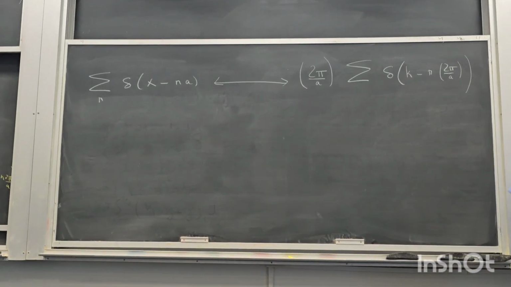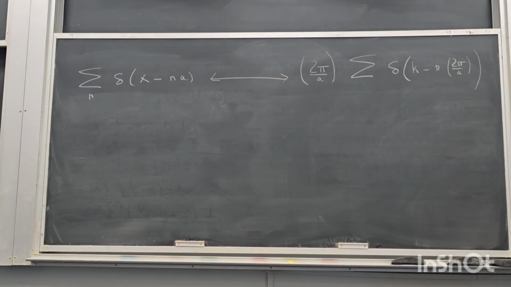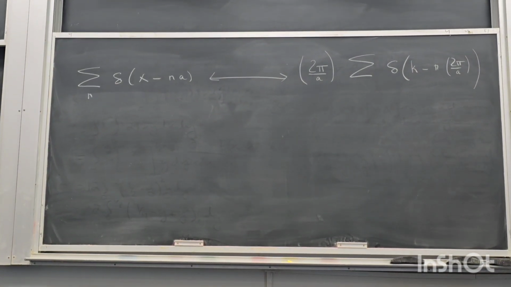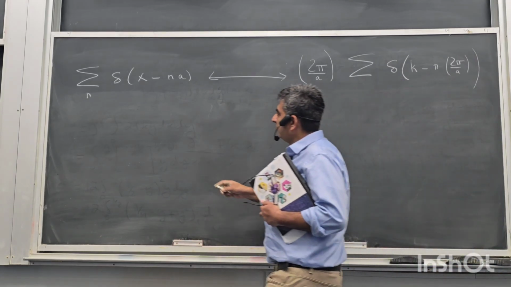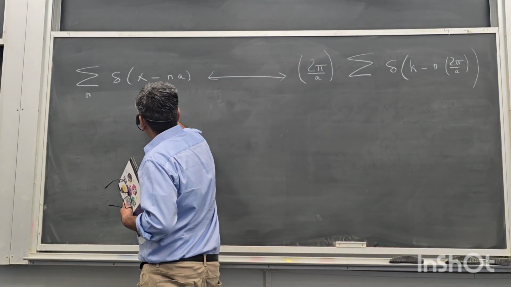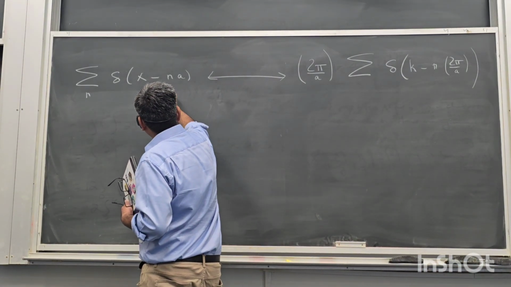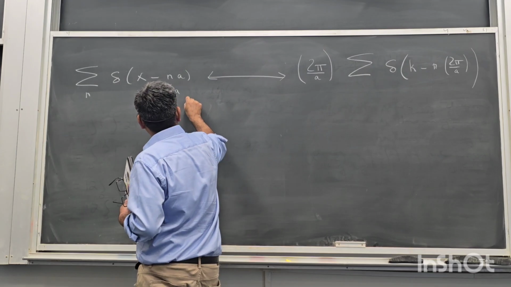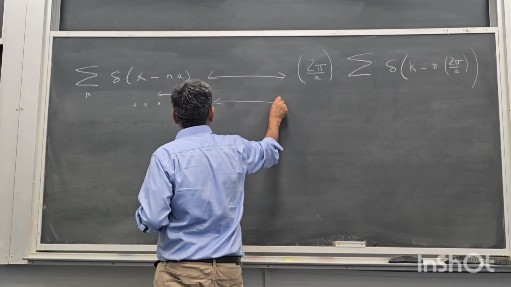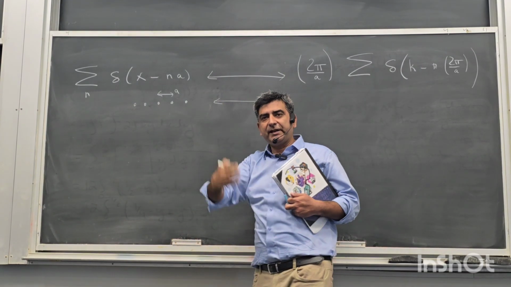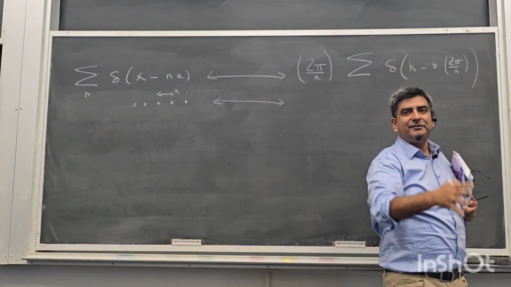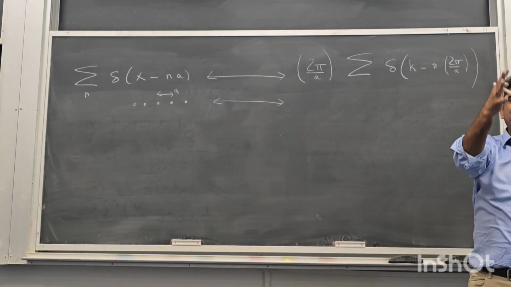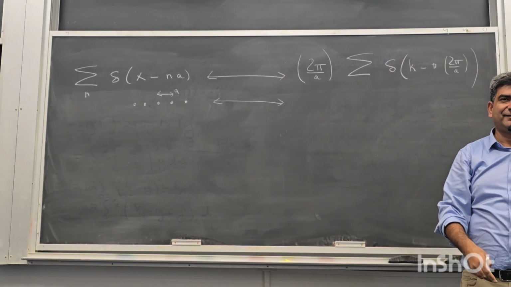So if this one-dimensional lattice is a part of a three-dimensional lattice, then this sequence of points in 1D, spacing A, if I take its Fourier transform, I will get a sequence of planes in the other two dimensions. Correct?